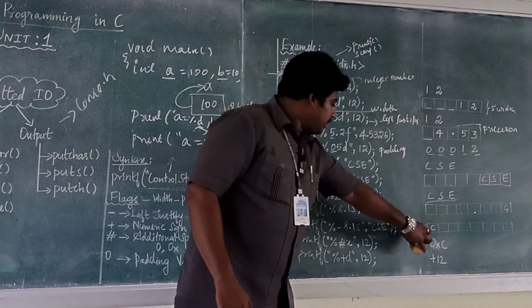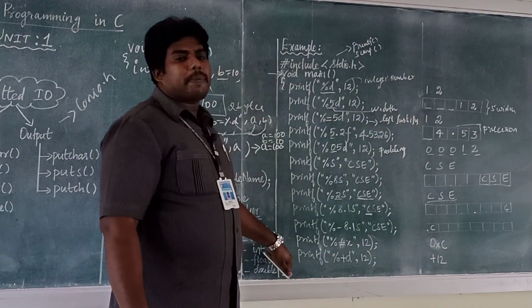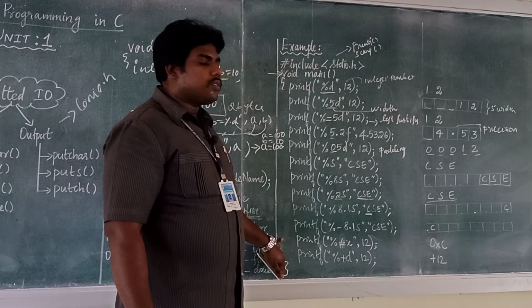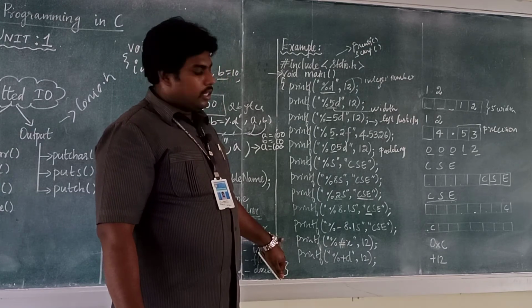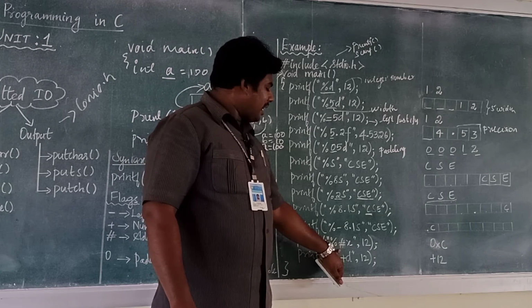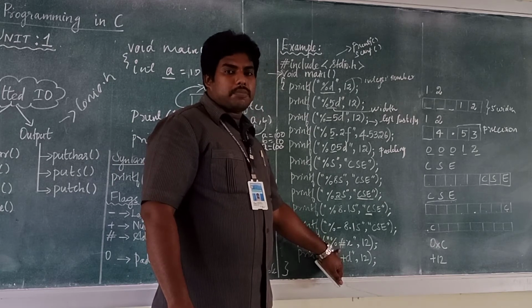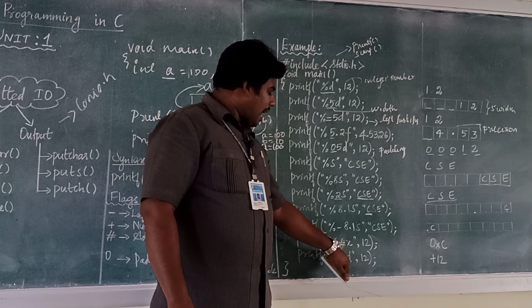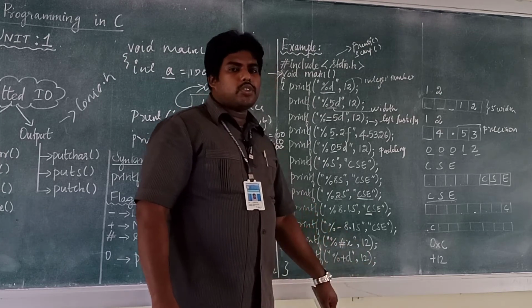That's it. Okay. Then if I want to specify a hexadecimal or octal, I can put the hash flag here. Hash denotes hexadecimal. Percentage hash x with 12. What is 12?